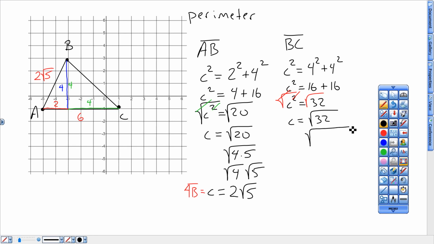You want to find the biggest perfect root. 32's got a 16 in it. That breaks down to 16 times root 2, which gives me, for this length, which is AC, 4 root 2. That is that length right here.